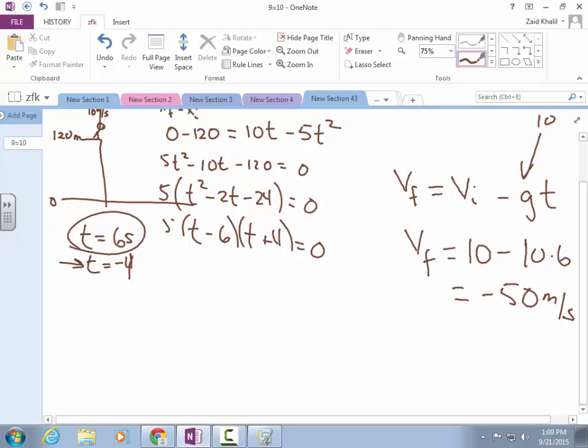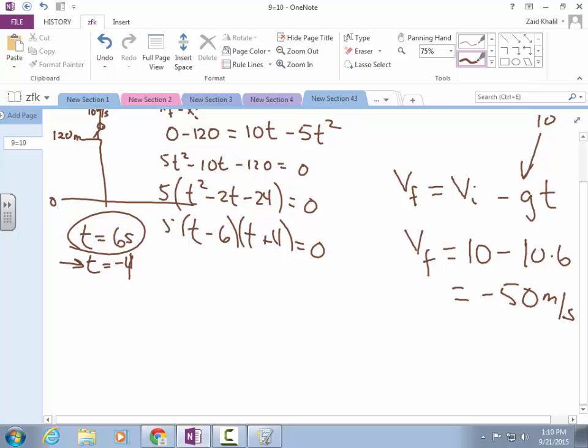I need to find the highest point. Because if I can find the highest position, then the distance would be that change in position, absolute value, plus 120. So how can I do that? Well, second kinematic equation.